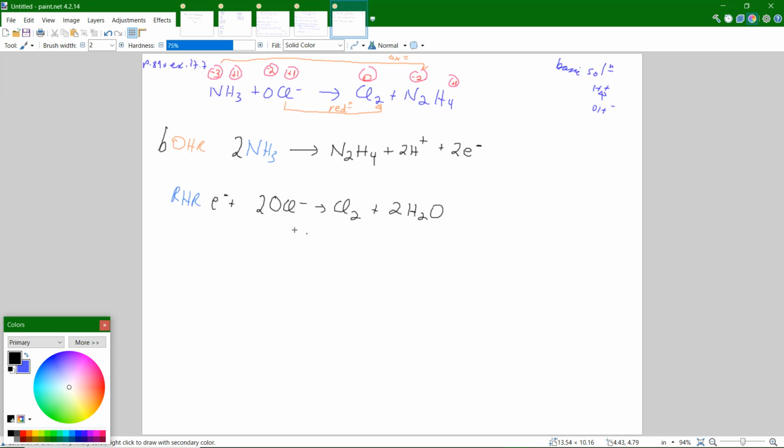Now the Cl's are balanced, the O's are balanced. I got 4 hydrogens there, so I got to put 4 H plus on the left hand side. And then I'm going to put in 4 electrons here. So that's a balanced reduction half reaction: 2 oxygens, 4 hydrogens, 2 chlorines, 2 chlorines.